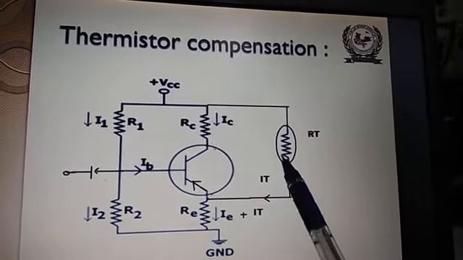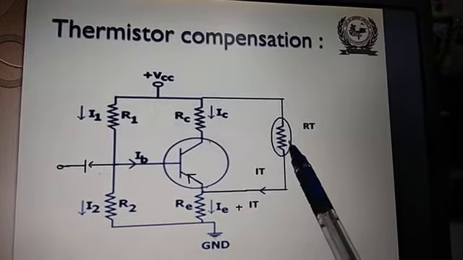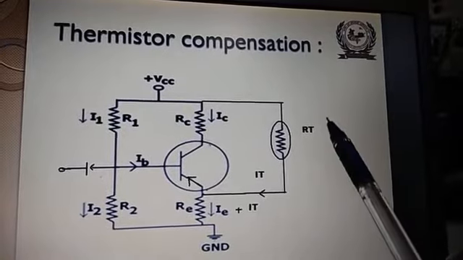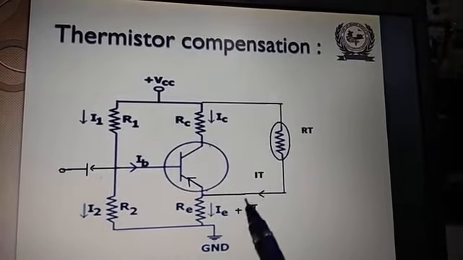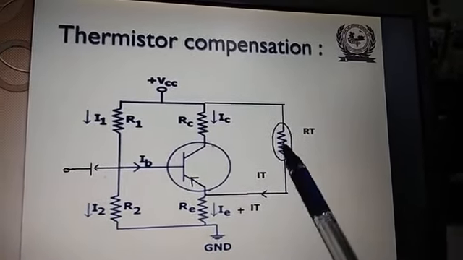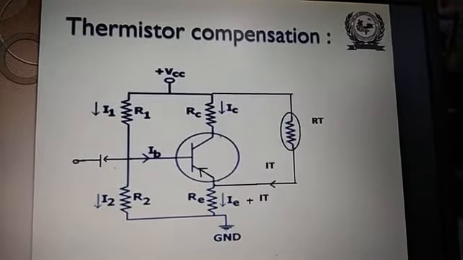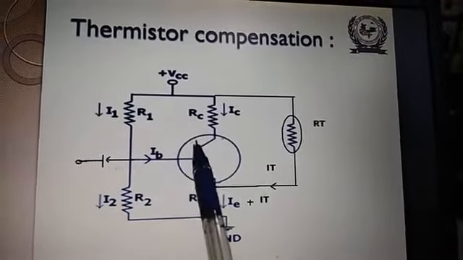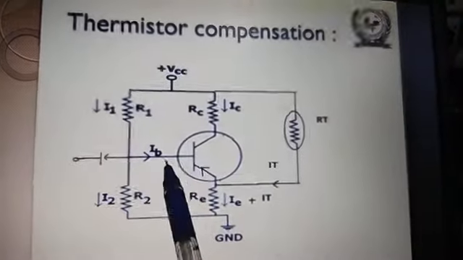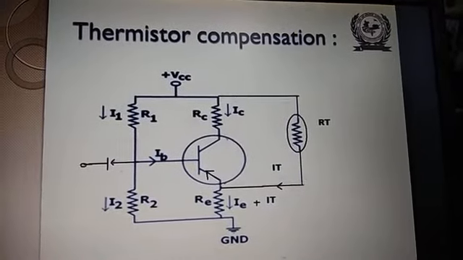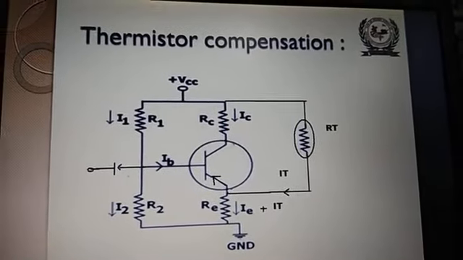A thermistor is a device in which the resistance changes according to the change in temperature. So using this thermistor we can compensate this ICO also. This is the voltage divider bias circuit, and along with this voltage divider bias we use this thermistor. So the compensation technique is used along with this thermistor.